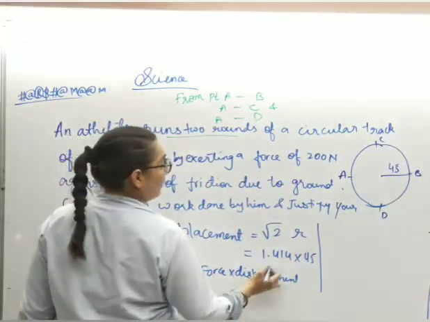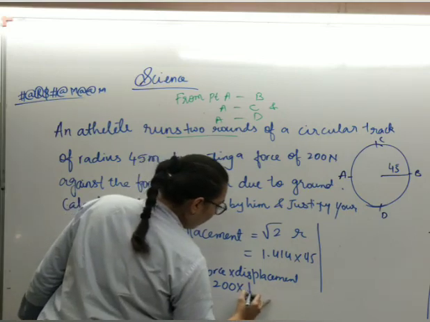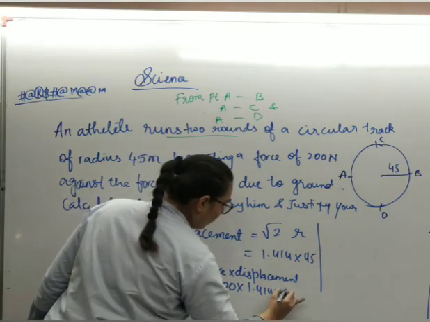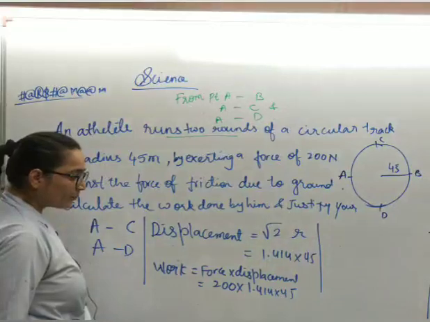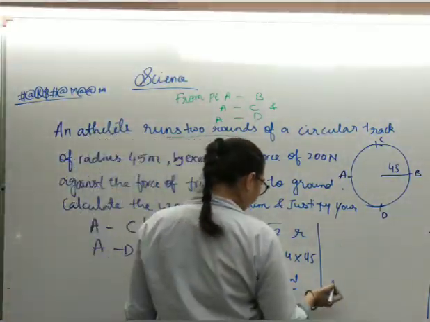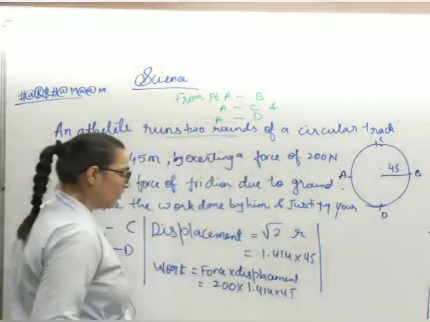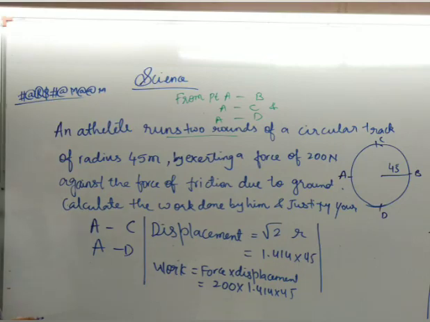It's force into displacement. Over here it's 200 into 1.414 into 45. Okay, two zeros will get multiplied over here. We just need to do the multiplication of 200 with 1.414 and 45.